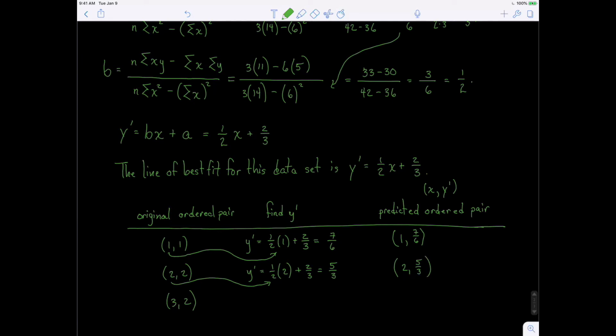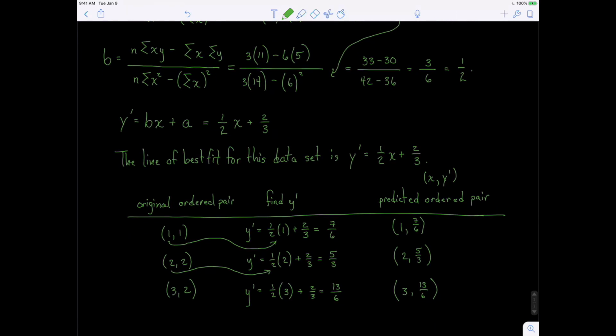And my last one here is y prime equals 1/2 times 3 plus 2/3. And if you work that out, you get 13/6. So just a smidge over 2. So that's 3 comma 13/6.